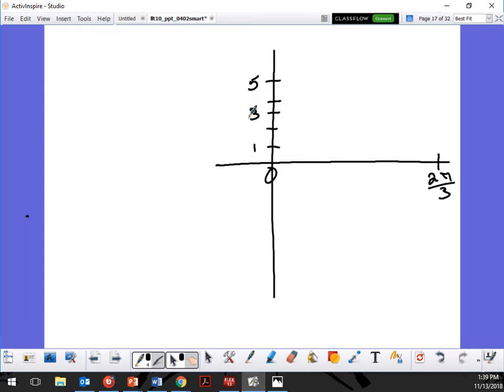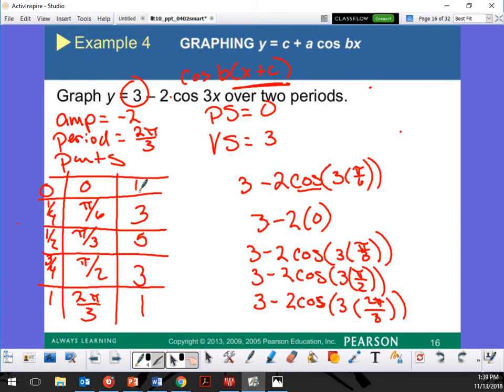How low does it go? The lowest is 1. Look at the values: 3, 5, 3, 1.